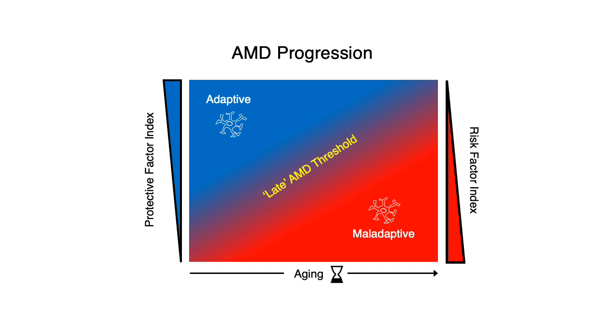Now, potentially what contributes to one versus the other is the microglial response. Can a protective factor index contribute to an adaptive microglial response that in turn maintains normal aging? Whereas in an increased risk factor index, there is an increased maladaptive response and thereby contributing to disease onset and progression.